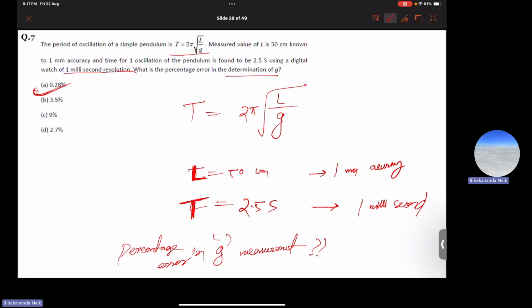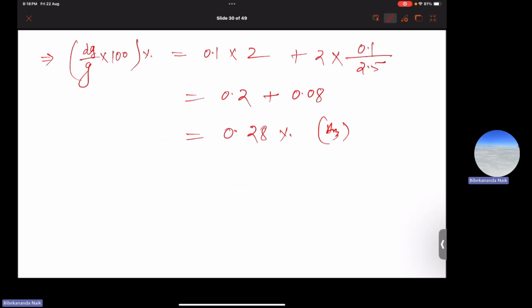So that's why the most probable percentage error in the measurement of G is only 0.28%. But in the previous question, since the percentage error of the quantities involved was quite high, we are getting a higher value of the percentage error. So I hope this is clear to everyone.